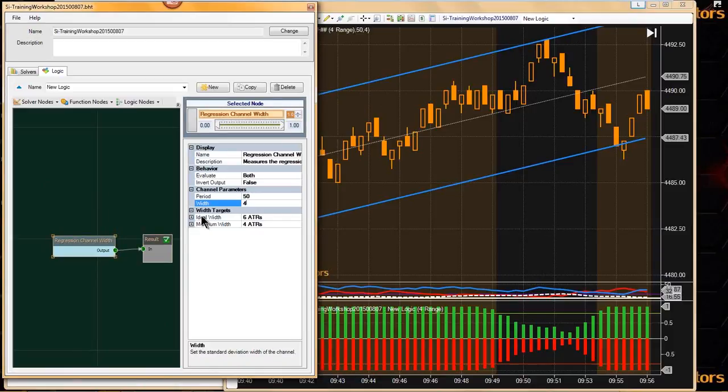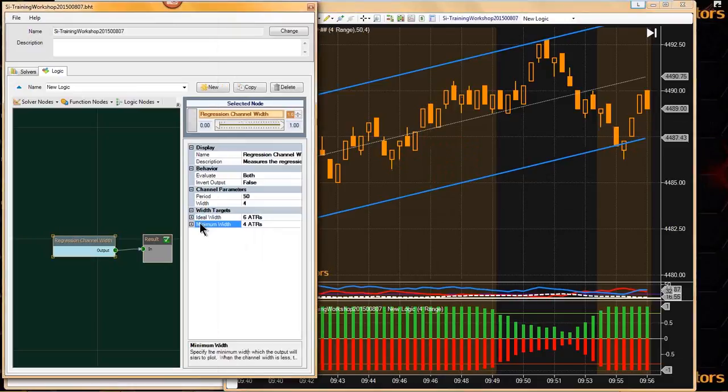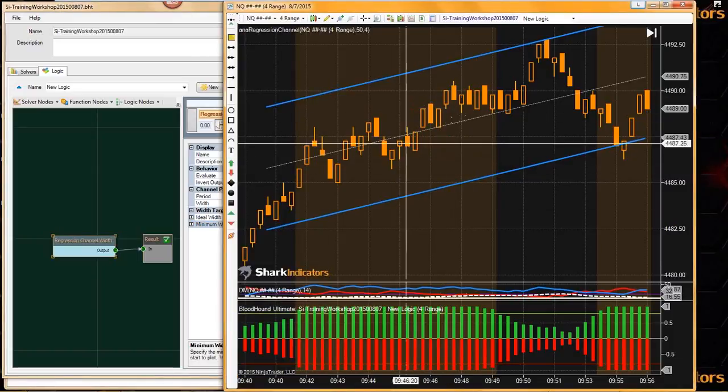And there are just some default settings in here, whether they're good or whether they work well with your instrument and your chart setting. That's another thing. You'll probably want to go in here and adjust this so that it matches the instrument and the time frame of your chart a little better.